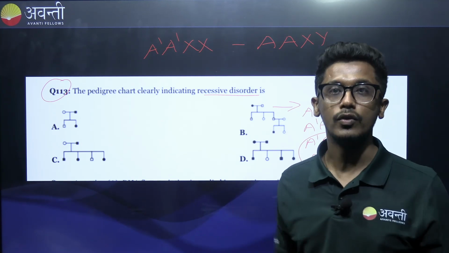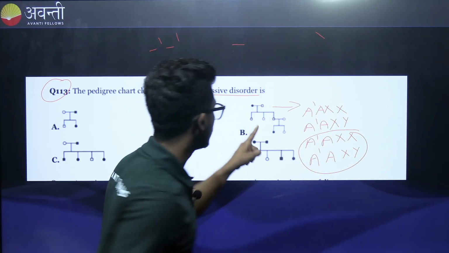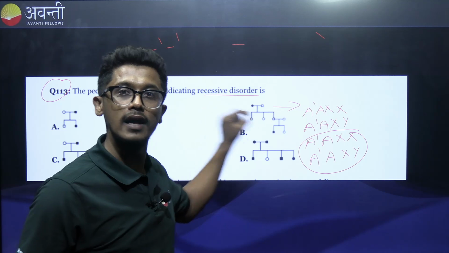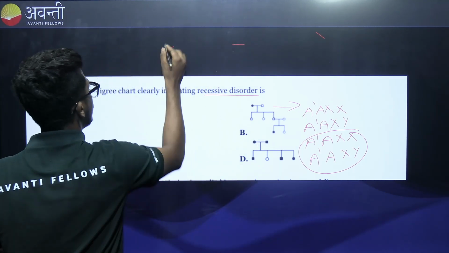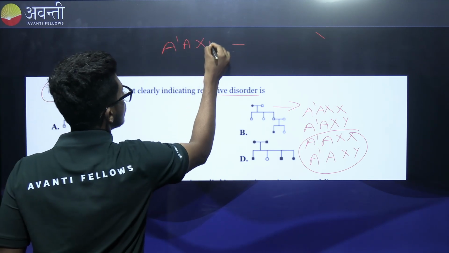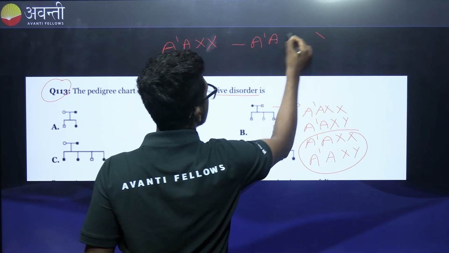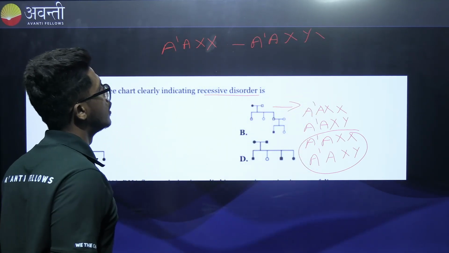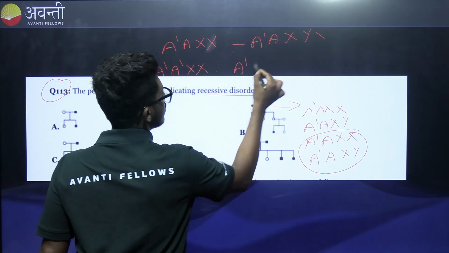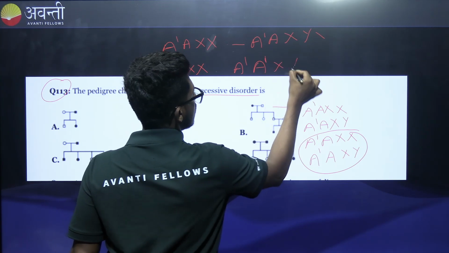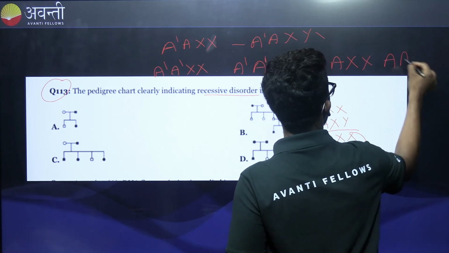Now if siblings marry each other, what do we have? This is the first generation where none of them express the disease; they look like carriers. But in the next generation, it's very simple. You have A dash A XX marrying A dash A XY. Then there is a possibility of A dash A dash XX and A dash A dash XY, and then a normal A A XX and a normal A A XY.